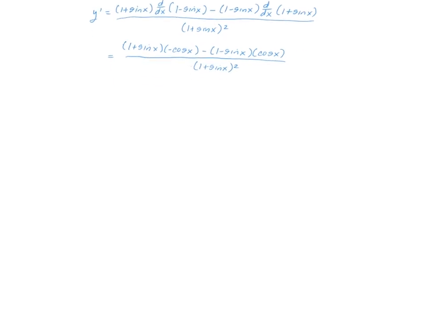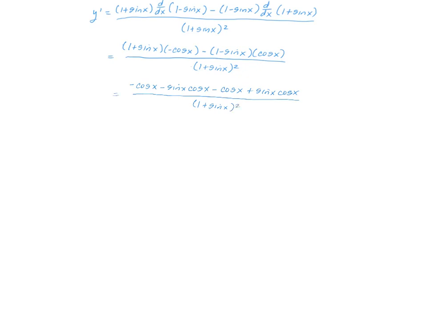All right, so we're going to clean this up and multiply everything out to get a negative cosine of x minus sine cosine. And then it's going to be a minus cosine plus sine cosine, and that will be really nice because in the numerator some stuff will cancel.